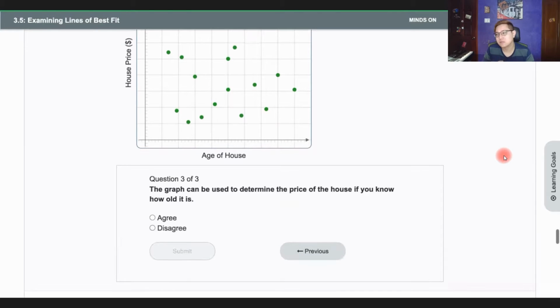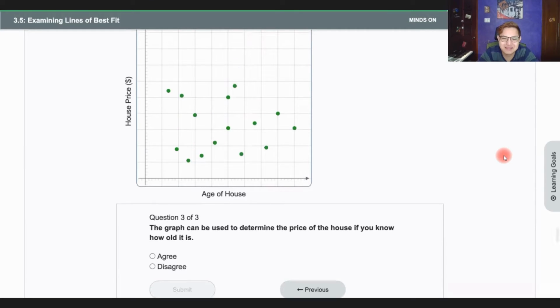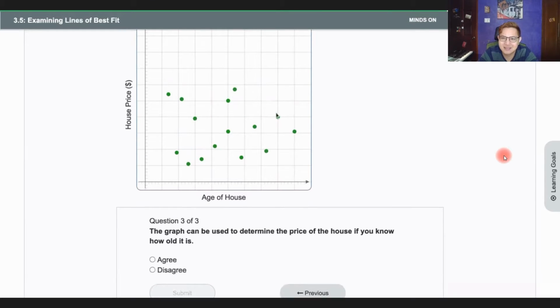Question 3 out of 3. The graph can be used to determine the price of the house if you know how old it is. I disagree with this because in this graph, as the age of a house increases, the price might become cheaper or it is random, so you cannot know exactly.